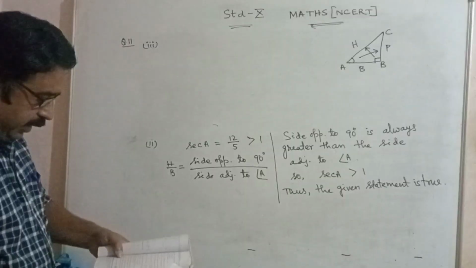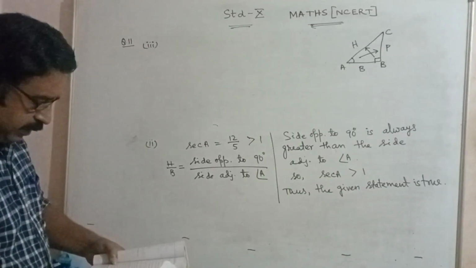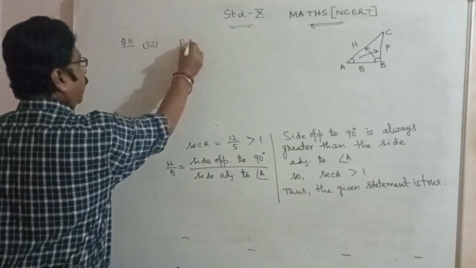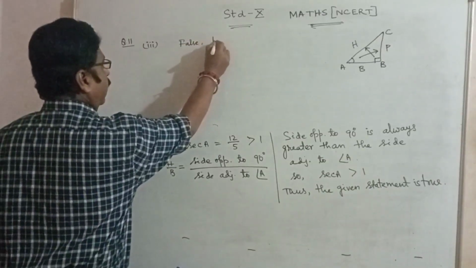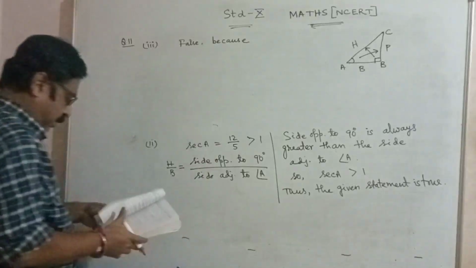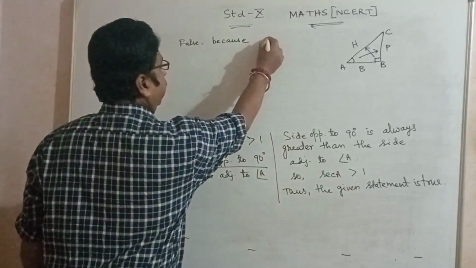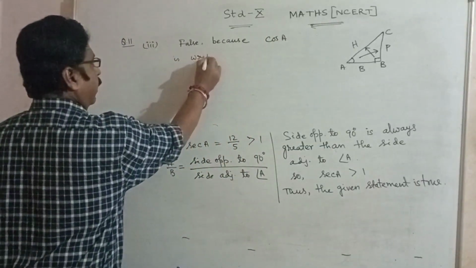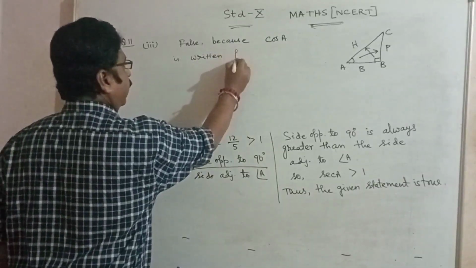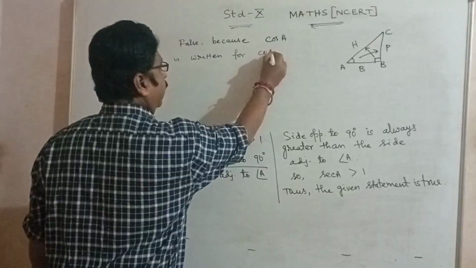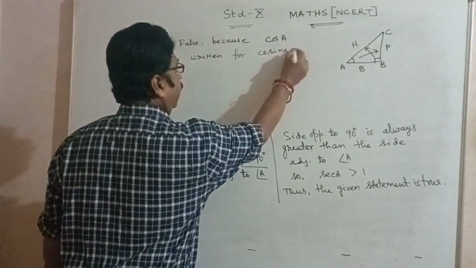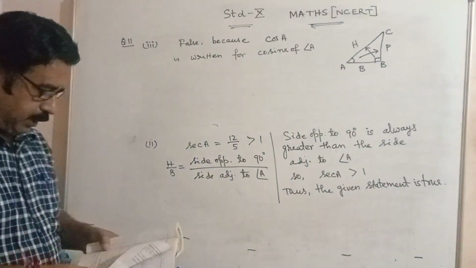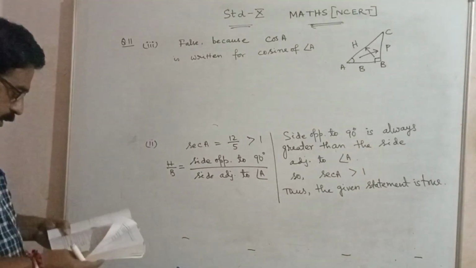It is written here, cos A is an abbreviation used for the cosecant of angle A. It is false, because cos A is written for cosine of angle A, not cosecant of angle A.